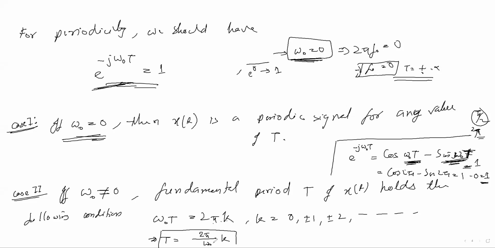Understand? This is the condition, and we will take k equal to 1. What is the ultimate condition? 2 pi by omega naught. This is the equation for the fundamental period. T equal to 2 pi by omega naught. Understood? Have you taken the note?